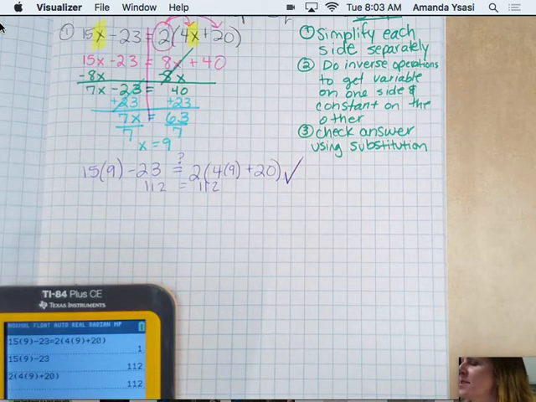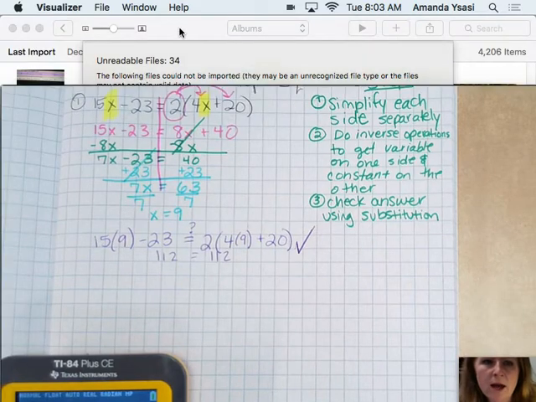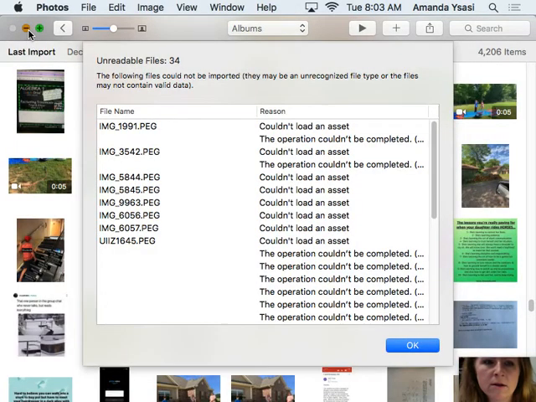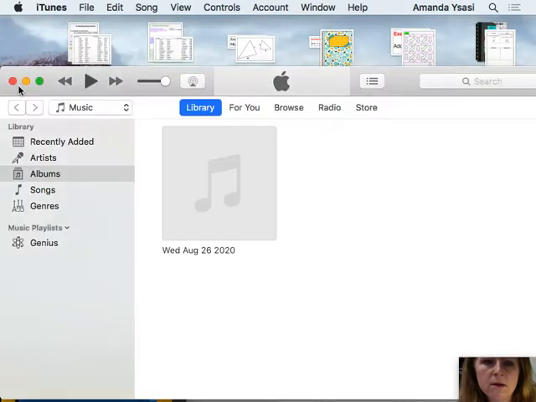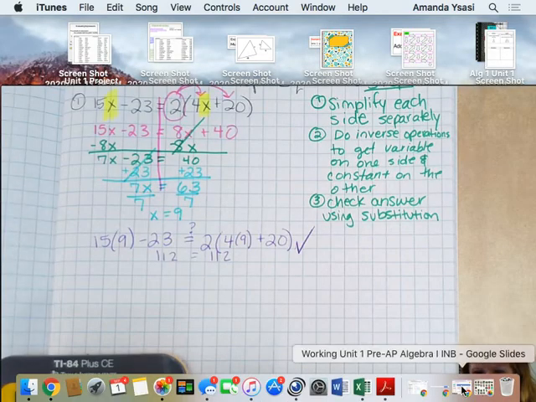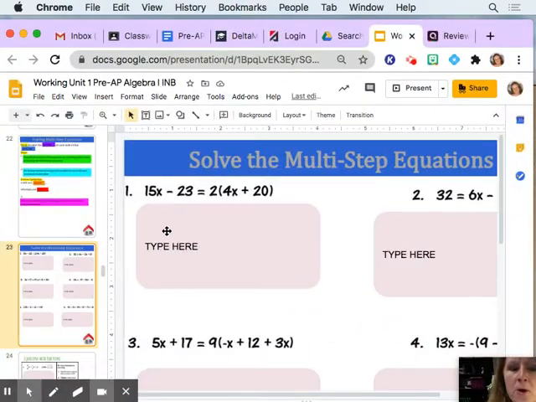Okay, you're going to insert this into your Google Slides. Instead of typing there, hold on. There we go. We are going to put it in here.